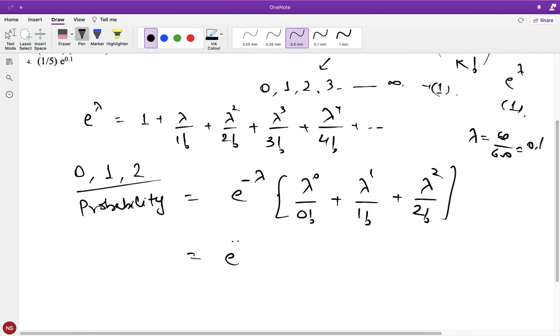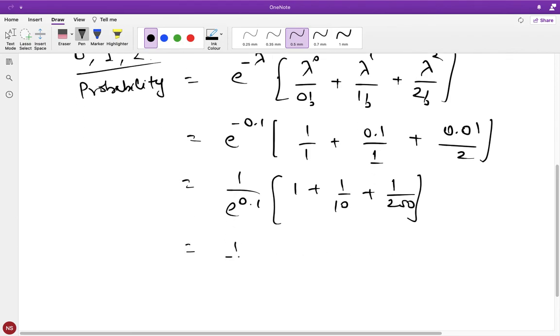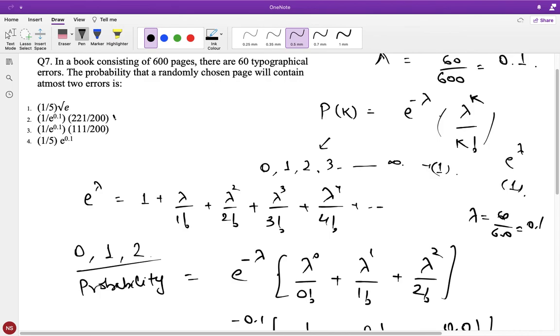So probability is e raised to the power minus 0.1 into, this is 1, 0 factorial is 1, this is 0.1 by 1, 0.1 square is 0.01, 2 factorial is 2. 1 plus this is 1 by 10, this is 1 by 200. So this will be 200 plus 20 plus 1 by 200, 221 by 200. Right, so this option is correct.